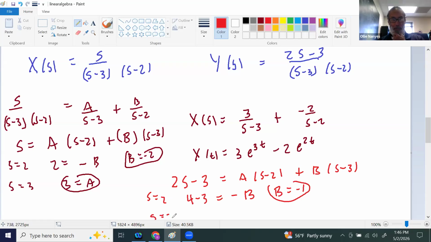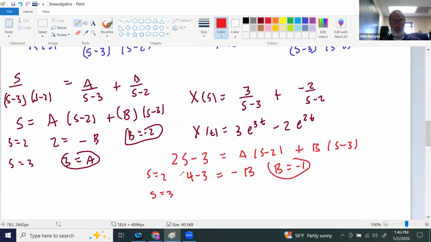Using s equals 3. Give ourselves a little room here. We get 2 times 3 is 6. 6 minus 3 is 3. So a is 3.